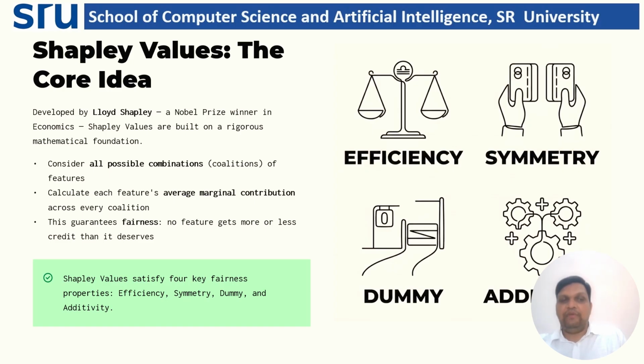Calculate each feature's average marginal contribution across every coalition. This guarantees fairness. No feature gets more or less credit than it deserves. Shapley values satisfy four key fairness properties: efficiency, symmetry, dummy, and additivity.